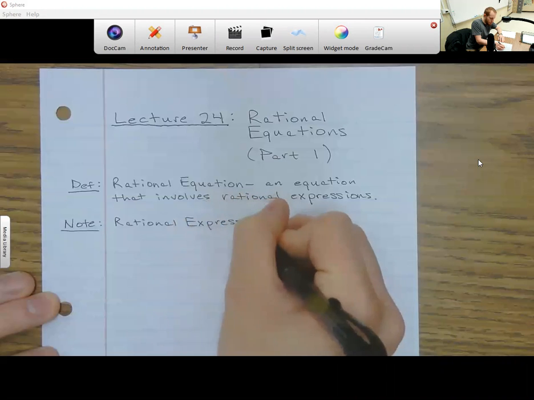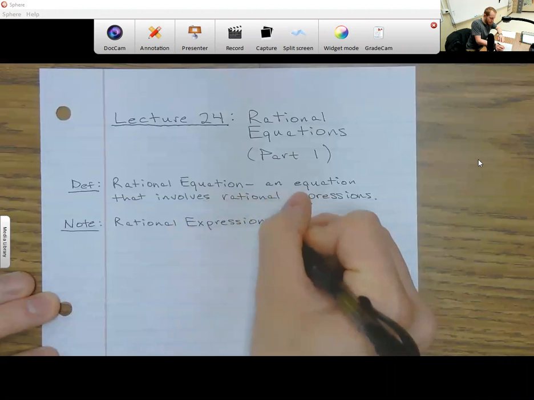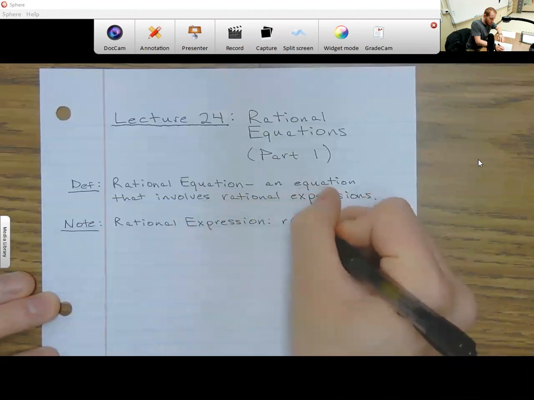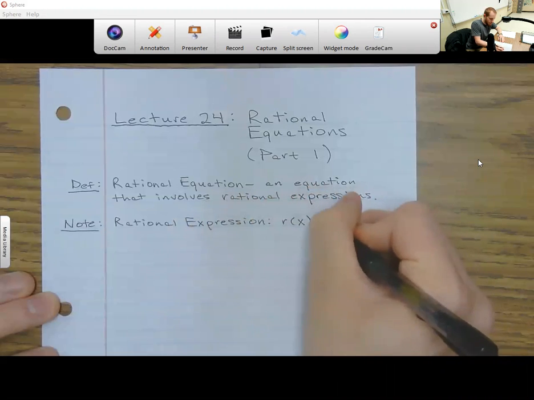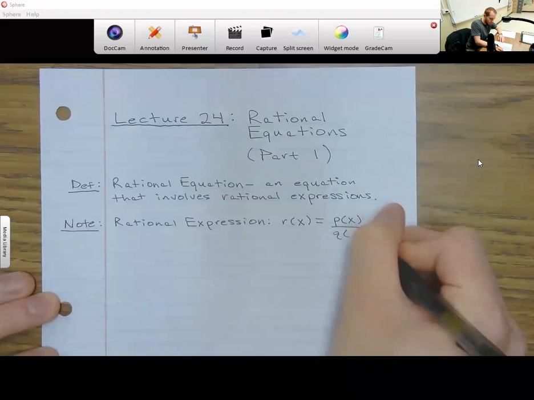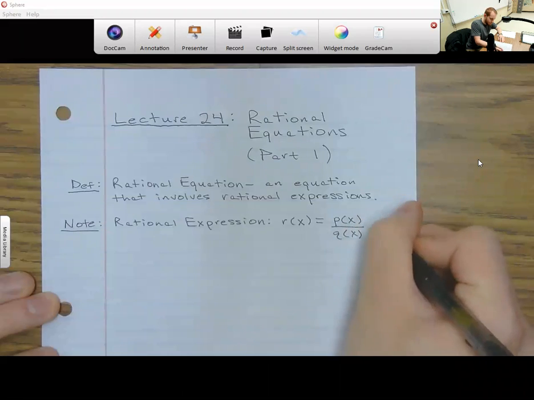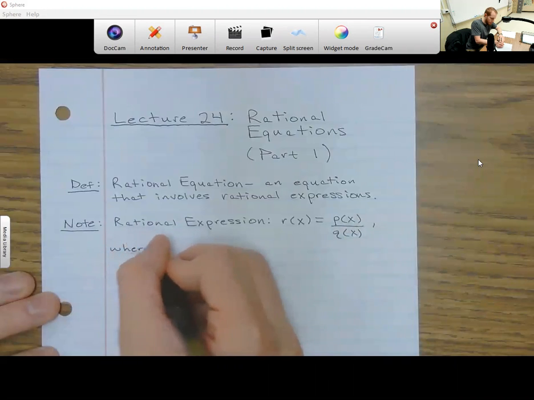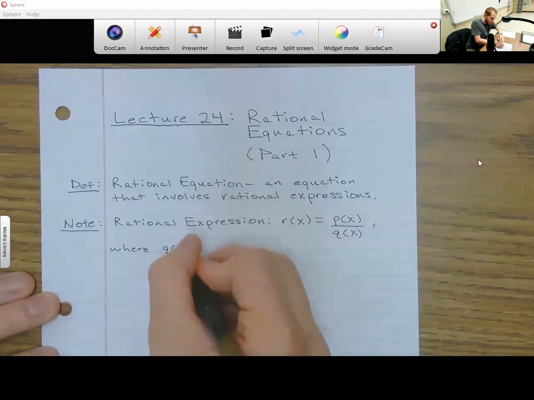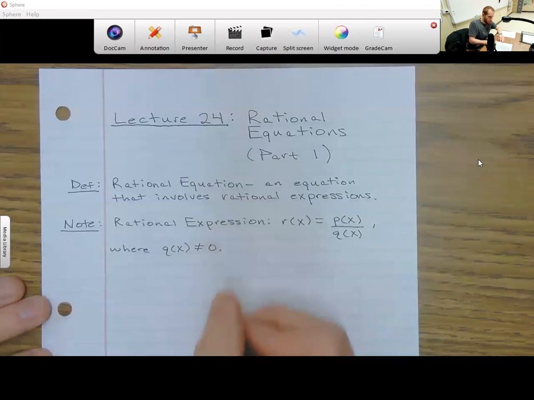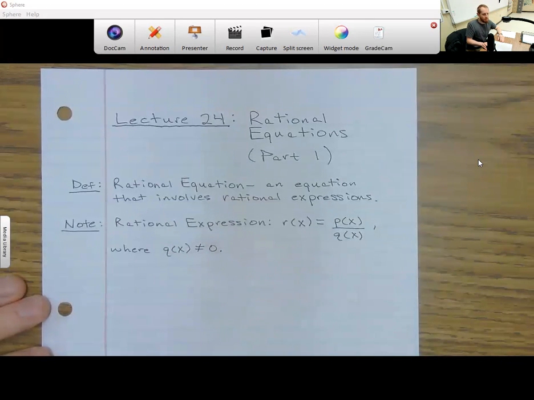There's going to be a numerator and a denominator, but it's basically going to be written as r of x is equal to p of x over q of x, where q of x cannot be 0, of course, because that would be dividing by 0, right?